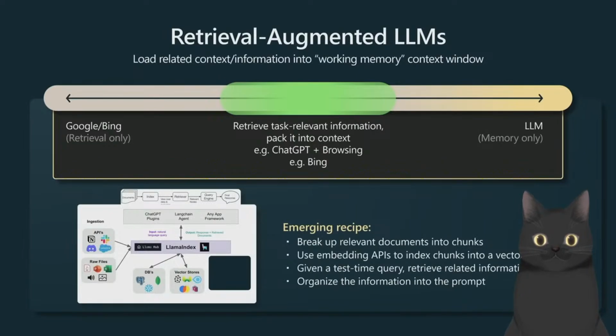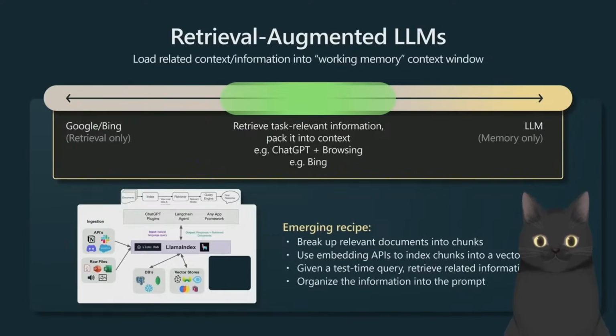If you can load the working memory with any information that is relevant to the task, the model will work extremely well because it can immediately access all that memory. A lot of people are really interested in retrieval augmented generation. On the bottom, I have an example of LlamaIndex, which is one data connector to lots of different types of data. You can index all of that data, and you can make it accessible to LLMs.